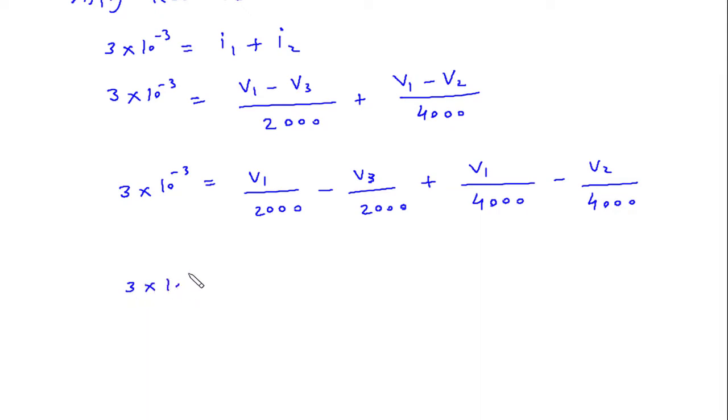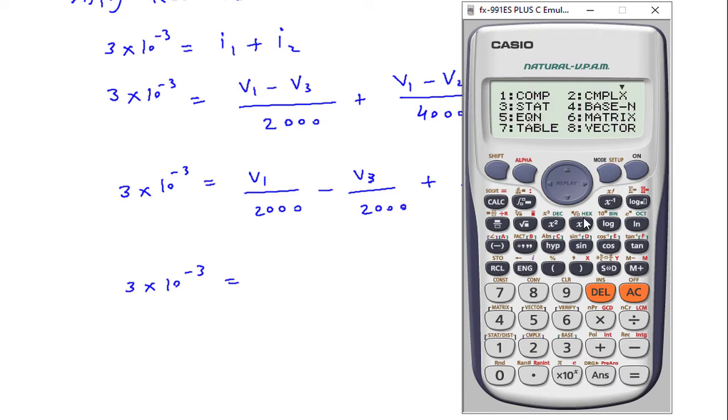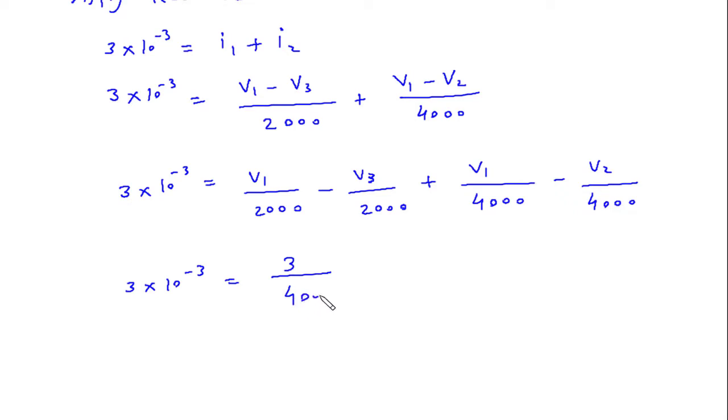So this will be V1 times (1 by 2000 plus 1 by 4000), which is 3 by 4000 V1, minus V2 by 4000, and minus V3 by 2000. Let's say this is equation number 1.